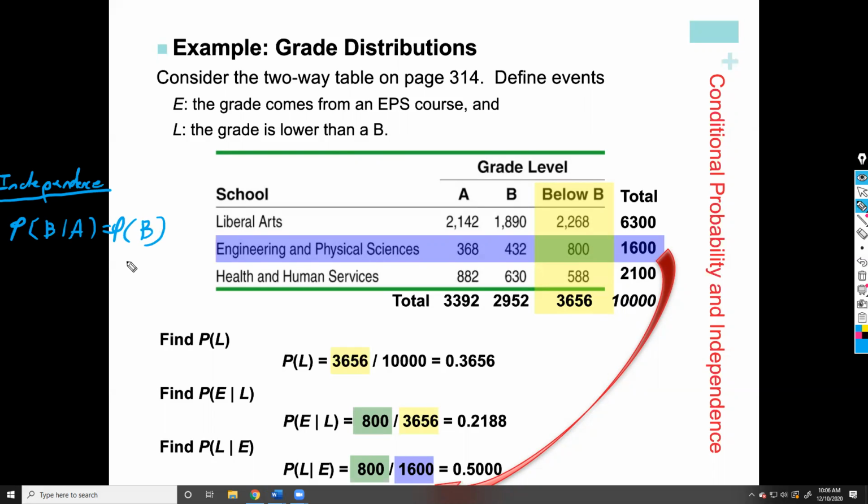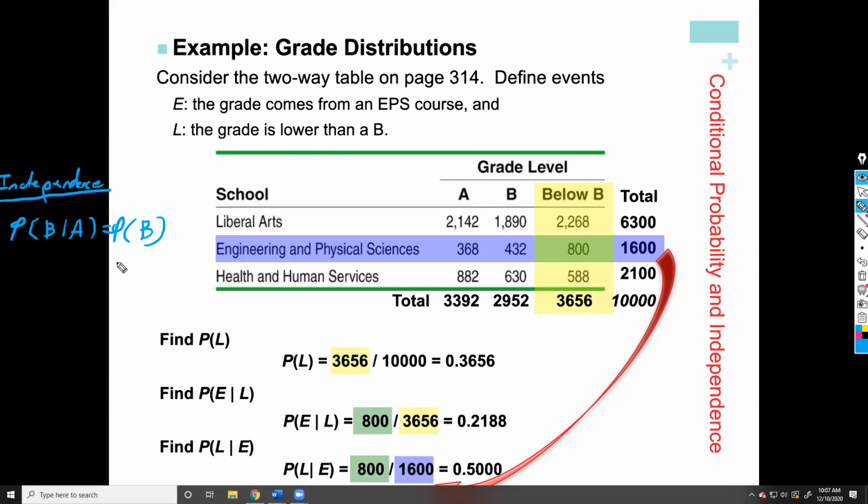The way we usually describe it is that knowing that one doesn't have an effect on the other. Knowing that this event happened over here doesn't affect the chances of this other event happening. So in other words, if I tell you that A happens, it doesn't change your probability of B happening.